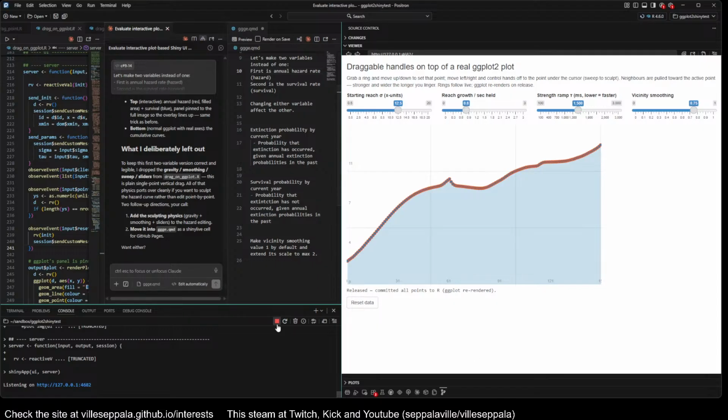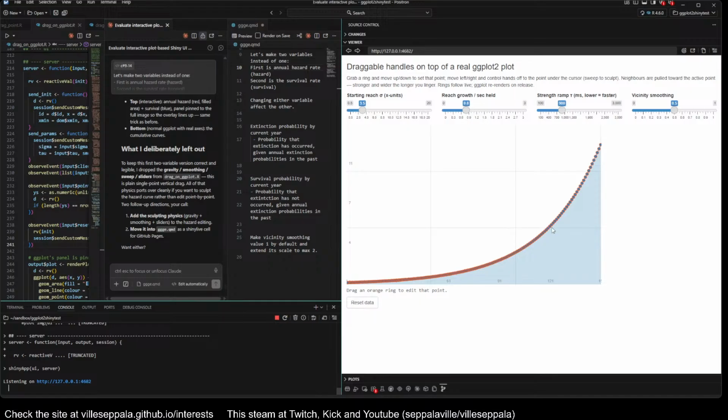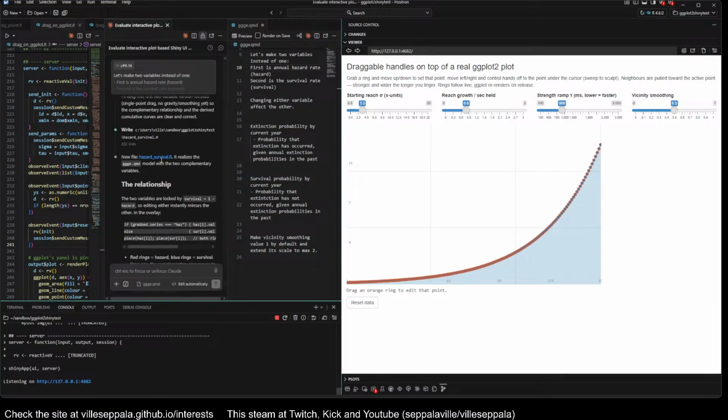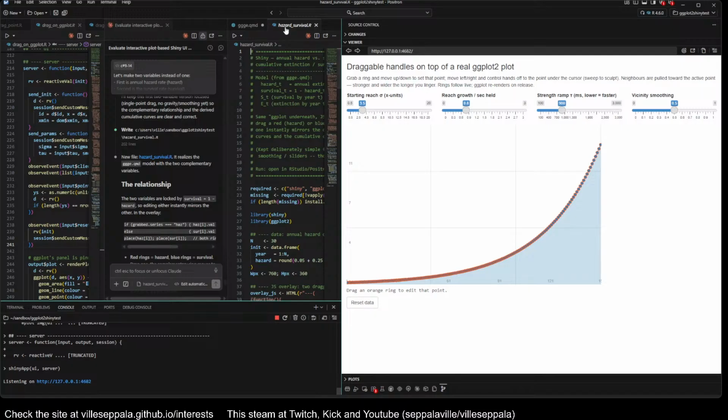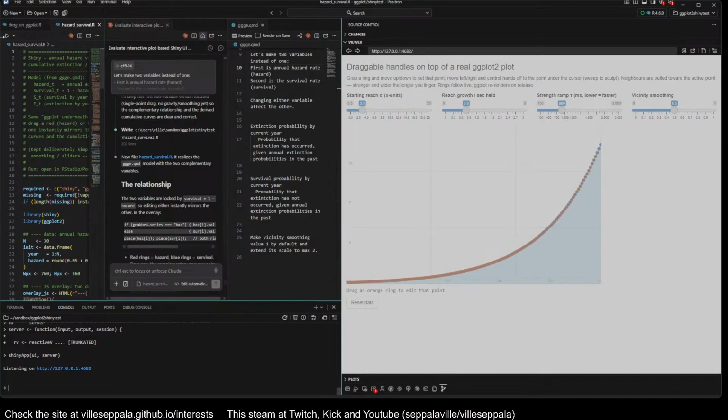Okay, let's see what it's done first. I'm not sure if I understand what it's. Did it make a new? Yeah, it's a new folder. It's a new script.